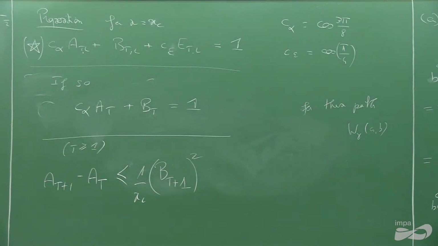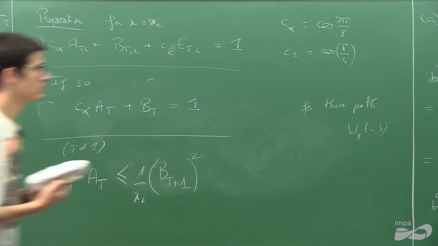So now that you have this kind of relation, you want to inject this in there in order to get some kind of discrete differential equation on B_T.